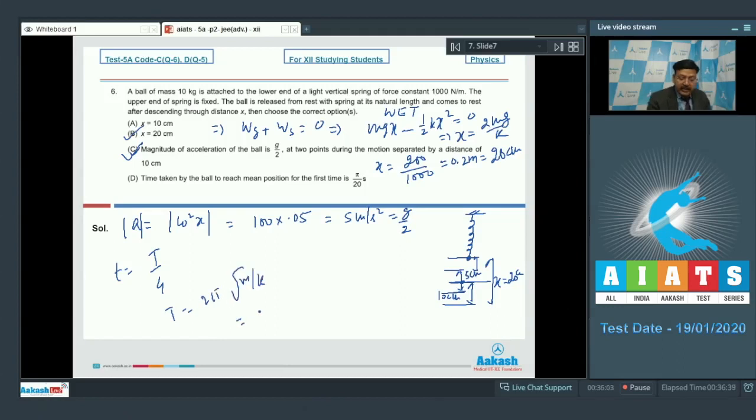This is 2 pi root of 10 by 1000, so this value is 2 pi by 10, or simply pi by 5 seconds. So T by 4 will be pi by 20 seconds, and that means option D is correct. Let's go to the next question now.